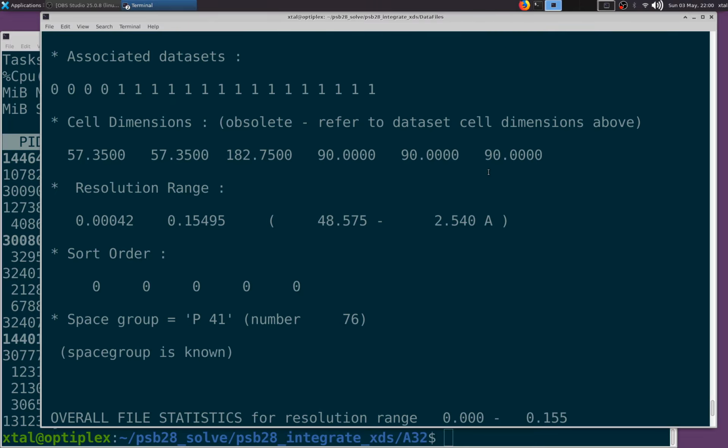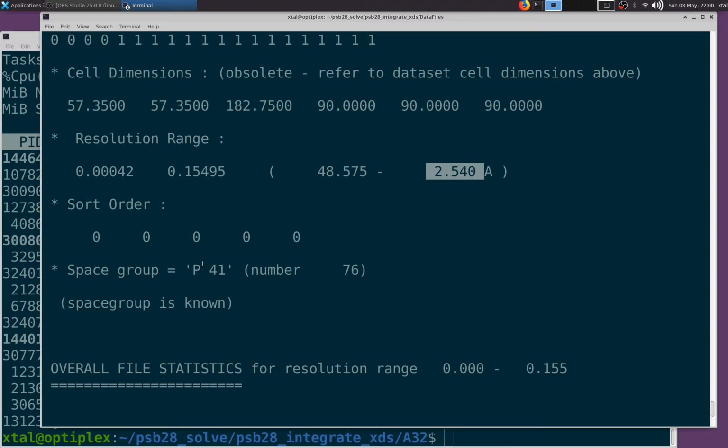And we see this extends to 2.5 angstroms resolution, and this space group is P41, but we must remember that we don't know yet, and it may be P43.